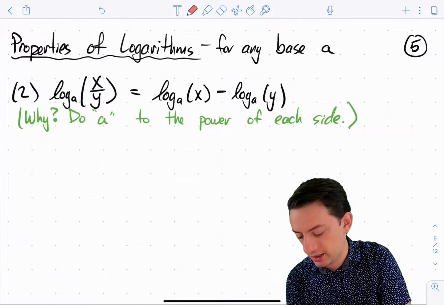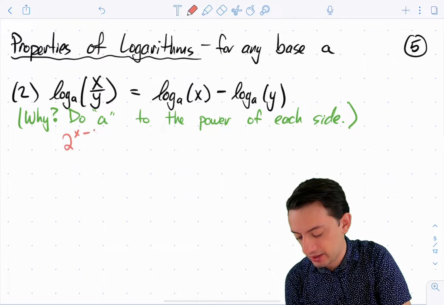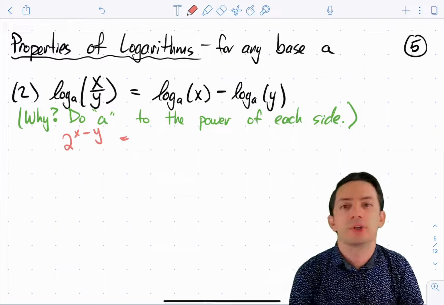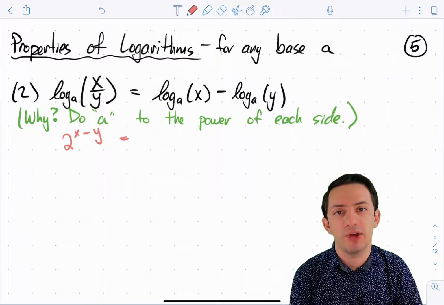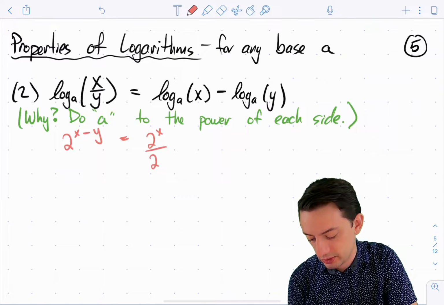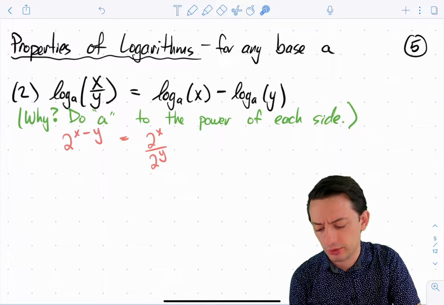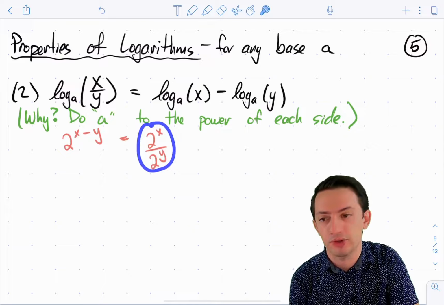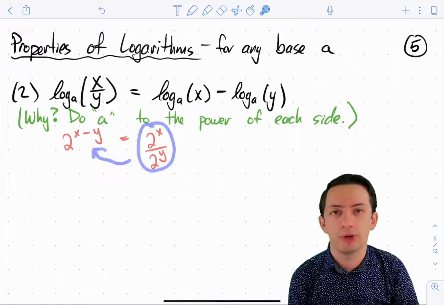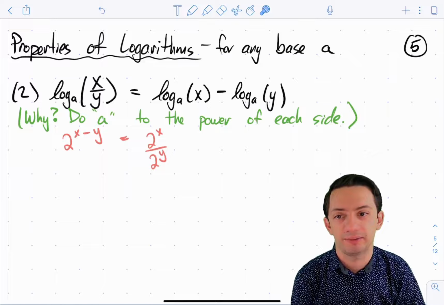For example, if I did 2 to the x minus y, we have a rule of exponentiation that says if you have a minus sign inside, that's like 2 to the x over 2 to the y. A lot of times you actually learn this rule the other way, that if you see this, the way that you simplify it is that you bring the y up top, but as a minus sign.